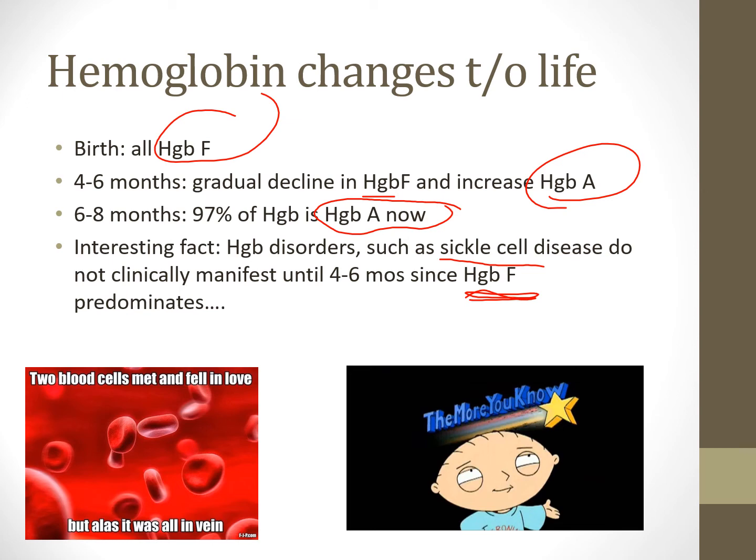Once we transition to adult hemoglobin, HGBA, alpha and beta, that's when you start to see the sickle cell anemia start to play a role. These kids get unusually tired, labile, very malaise, things like that. There are other things that can go along with sickle cell anemia as well. But that's why we might see a delay in something like sickle cell anemia, because they have a different type of hemoglobin going on.